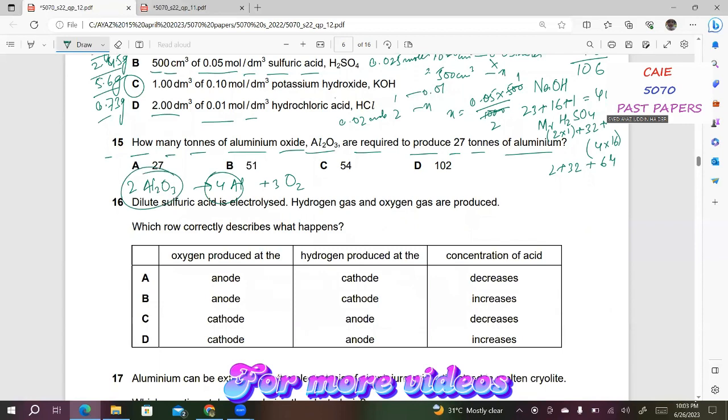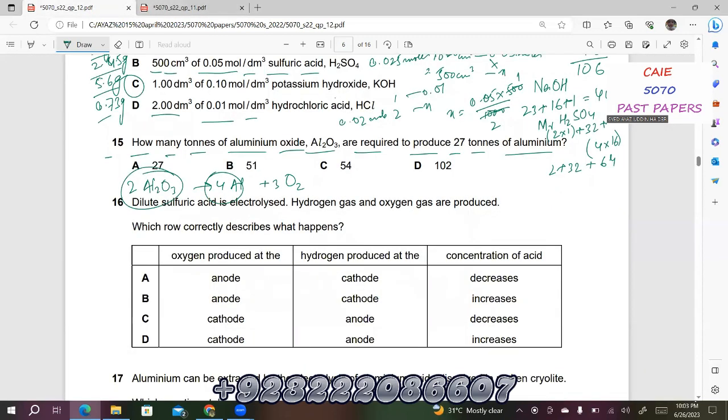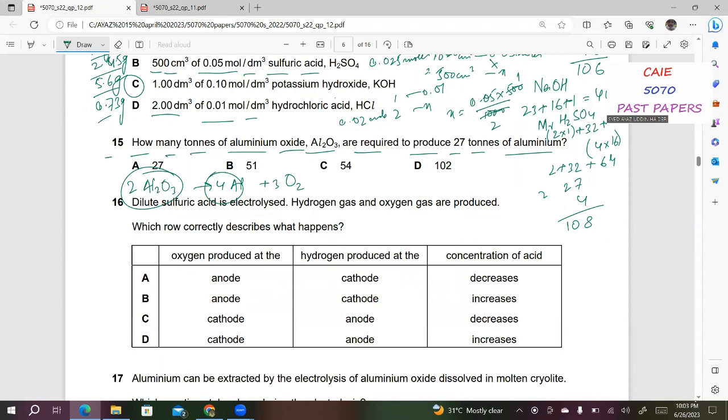The MR of Al2O3: aluminium is 27, so we have 4 multiplied by 27, which is 108. So 108 grams or 108 tons.